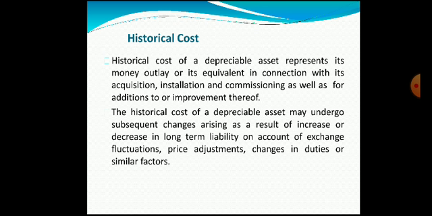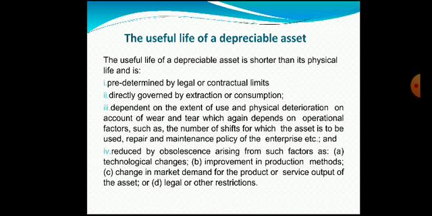The historical cost of a depreciable asset may undergo subsequent changes arising as a result of increase or decrease in long-term liability on account of the exchange fluctuations, price adjustments, changes in duties or similar factors. So the historical cost is subject to changes, which we need to take into consideration.